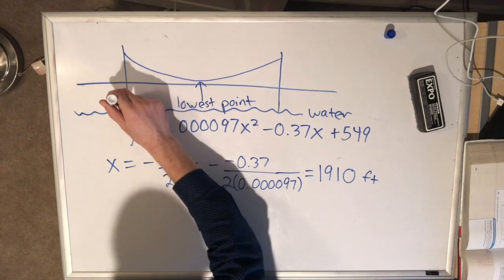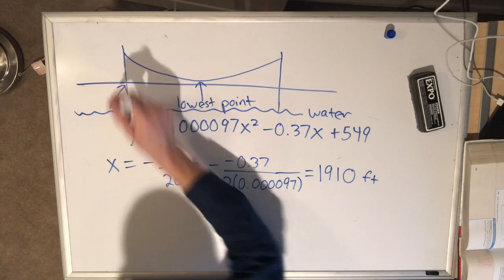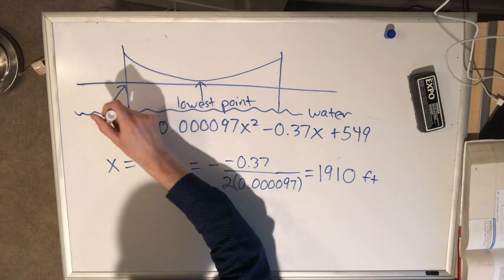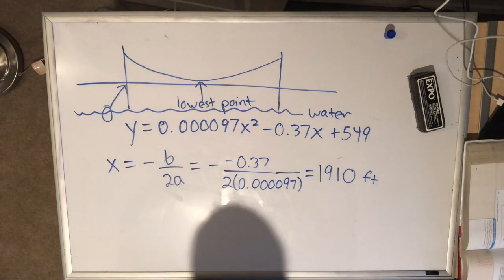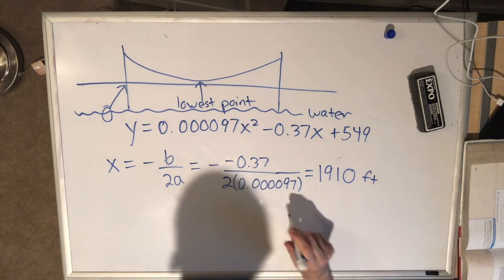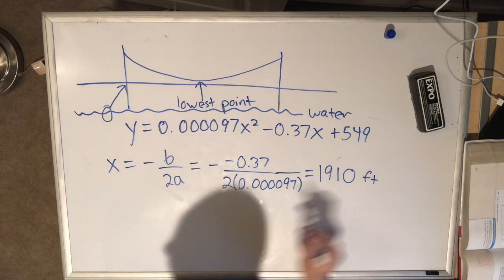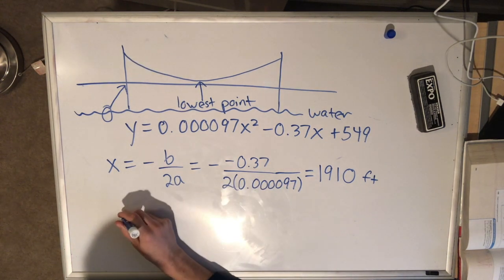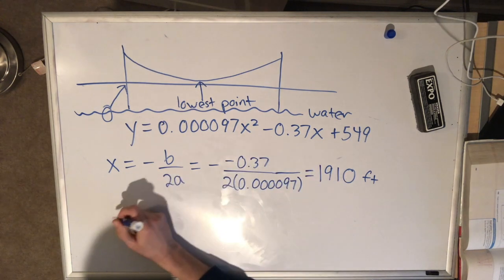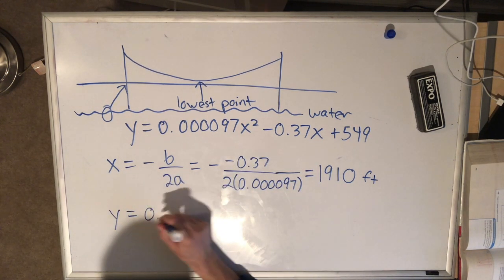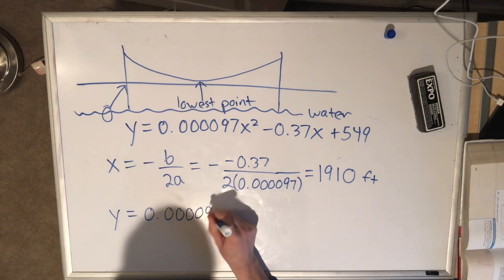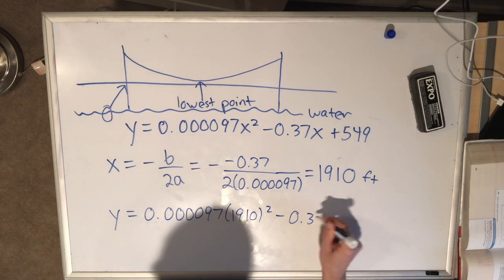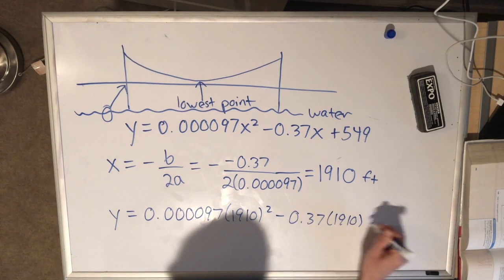Well, okay, it looks like they're considering the horizontal position of the tower on the left to be at x equals 0. All right, now to find the height, the y coordinate of the lowest point, we substitute in 1,910 in for x in the original equation. So that's y equals 0.000097 times 1,910 squared minus 0.37 times 1,910 plus 549.